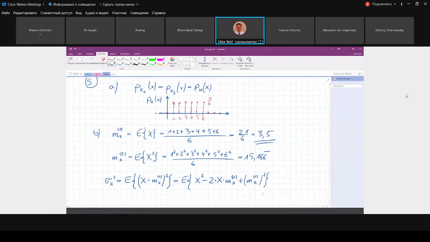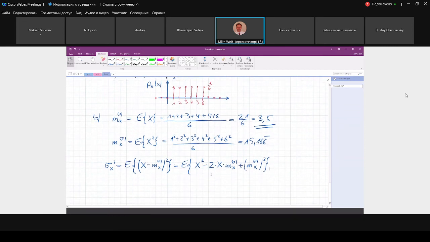And now we take this expected value. It's a sum, so of course we can calculate the individual terms. This is the expected value of x squared minus 2 times mx1 times the expected value of x. I can put this outside of the expectation because it's deterministic.